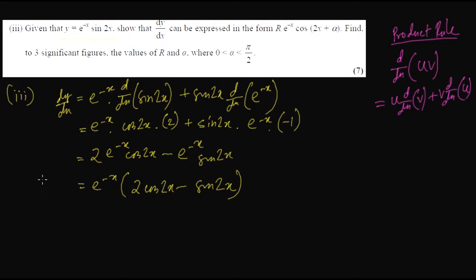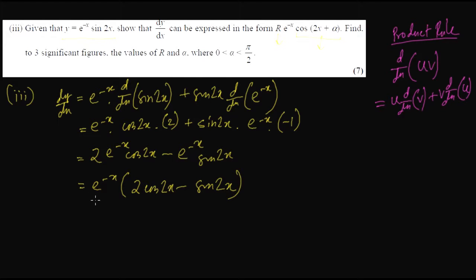Now the question is, we have to show that dy by dx is in the form of, if you pay attention, we have a capital letter R, a number, and we have this thing. E to the power minus x is the same.